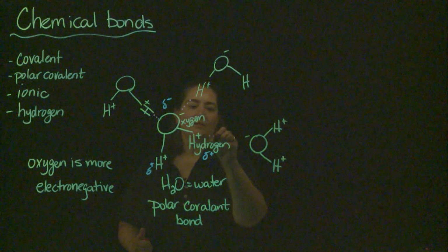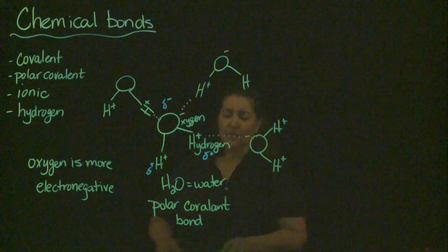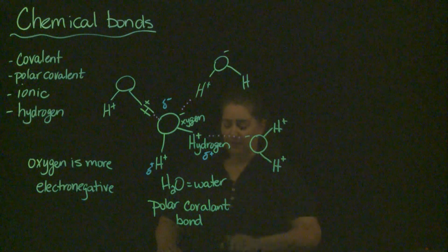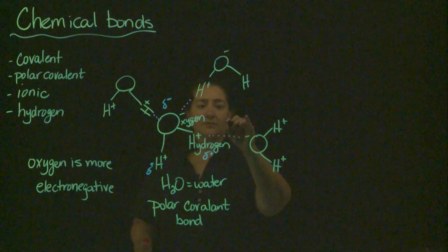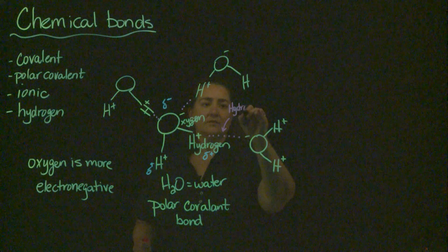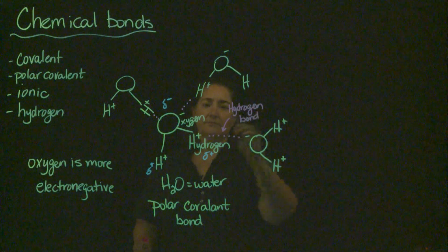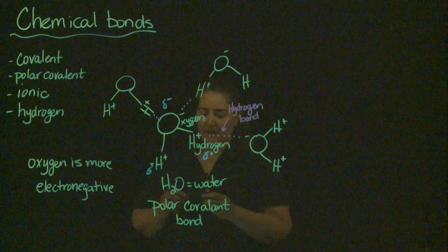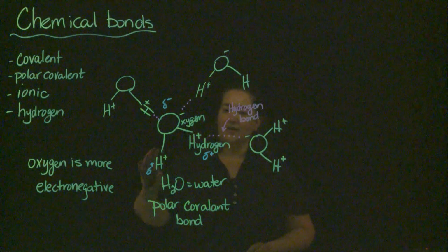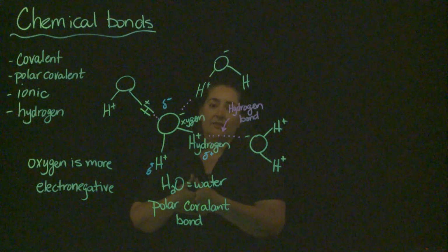All right. And if you notice, I kind of drew the bond for the hydrogen bond a little bit different than what I've drawn some of the others. I used dots this time. And the reason I use dots is because that slight positive and that slight negative, that's a very weak interaction.